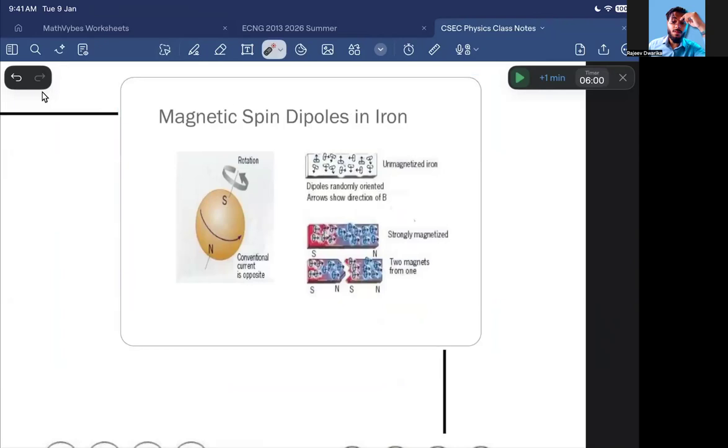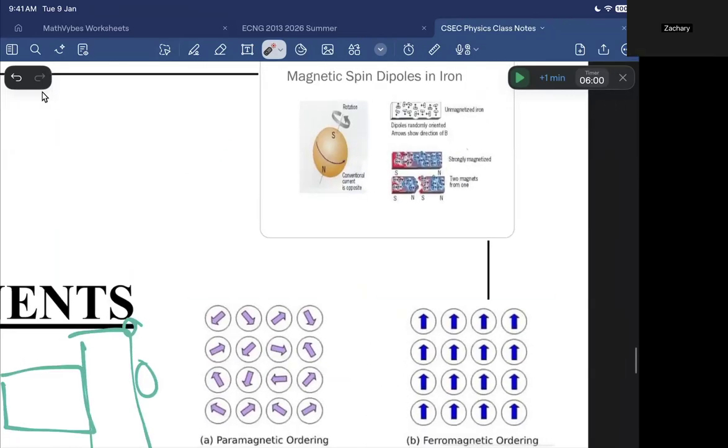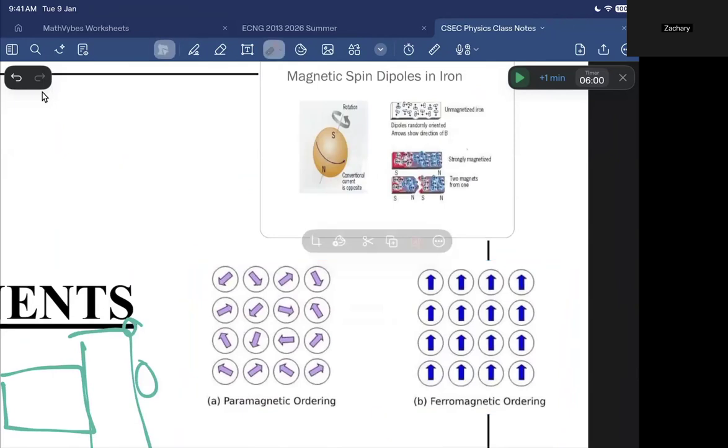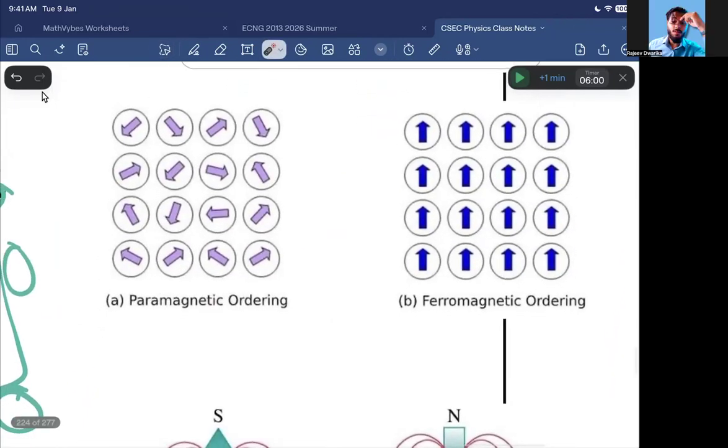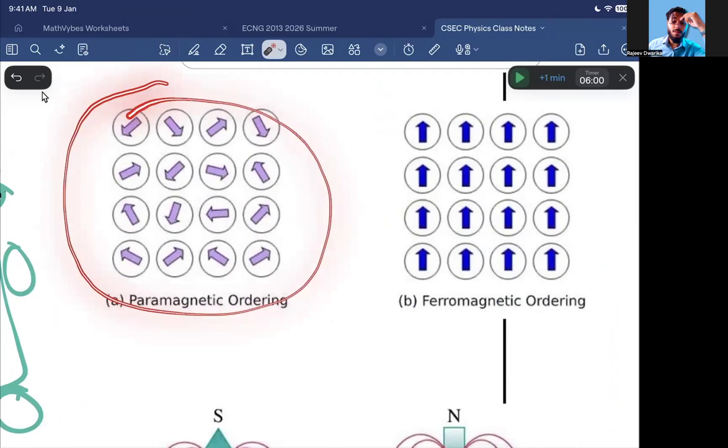Zachary, you kind of understand this? Yes, sir. Ryan, you understand this? Yes, sir. So Ryan, under normal circumstances, the dipoles, which are like small magnets in the iron, are in an array.